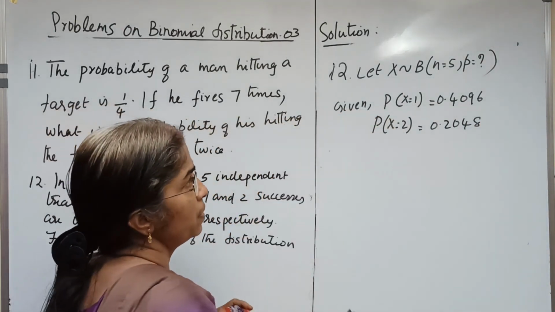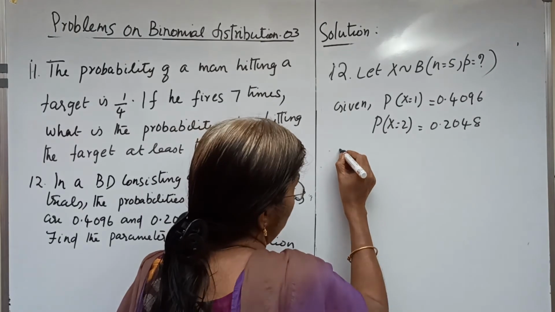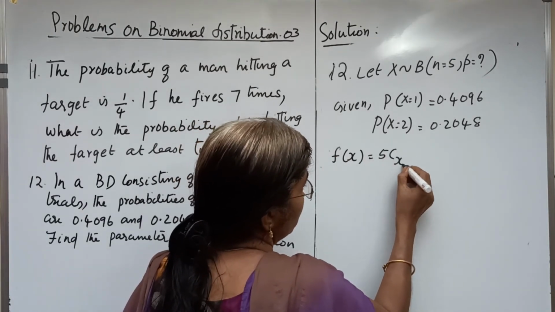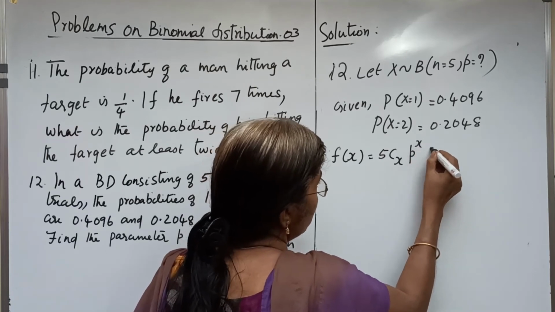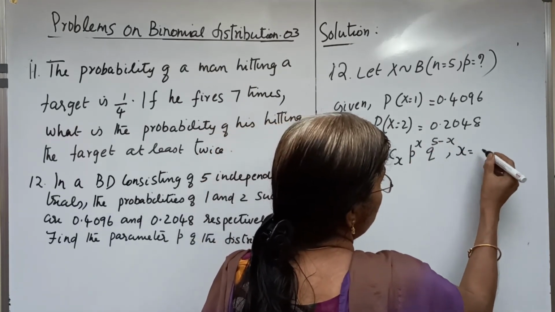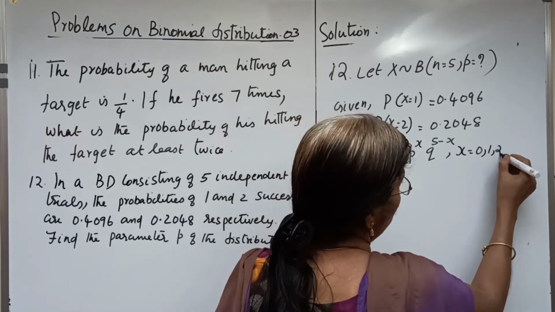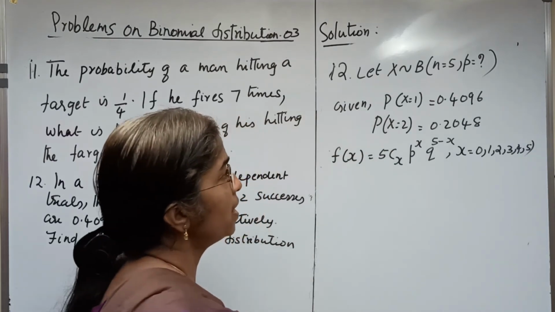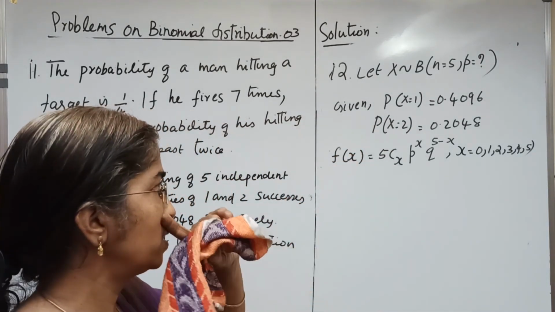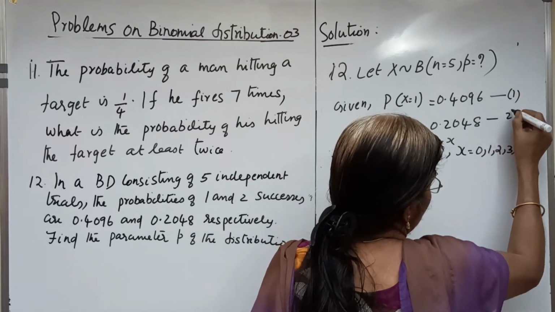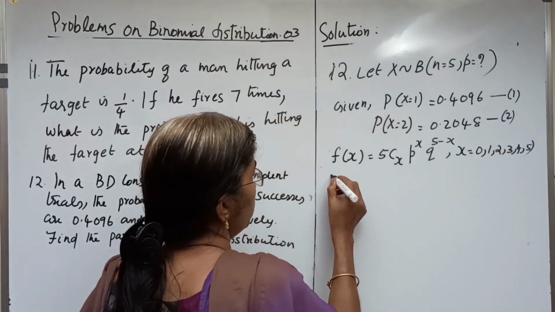So we may take this equation, that is f of x equal to 5cx into p raised to x into q raised to 5 minus x, x equal to 0, 1, 2, 3, 4, 5. Okay. Now probability x equal to 1, probability x equal to 2. We may take this as 1 and this as 2. So now we may proceed.